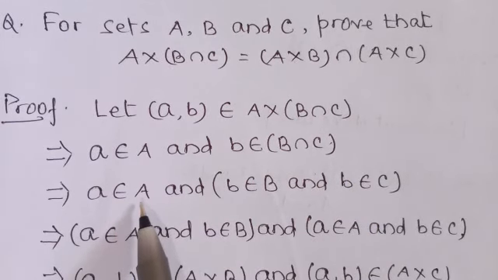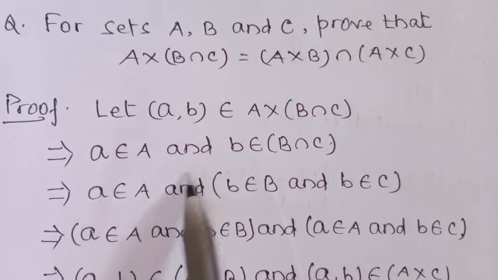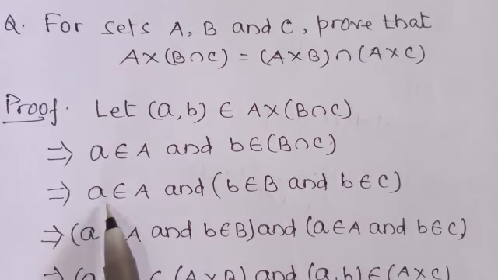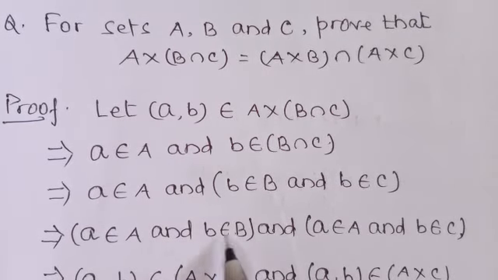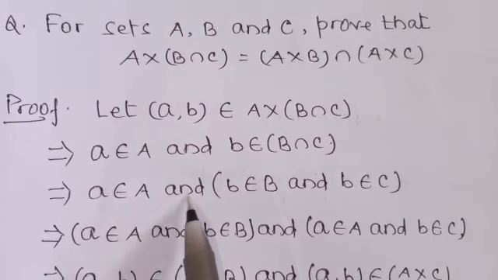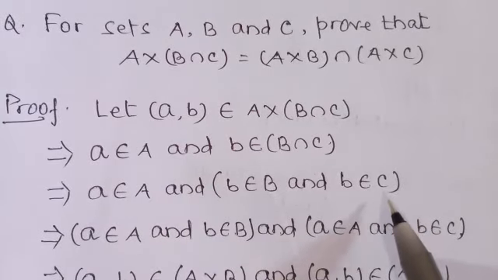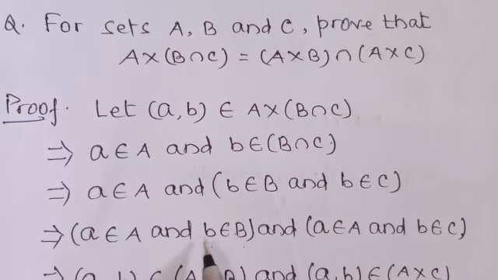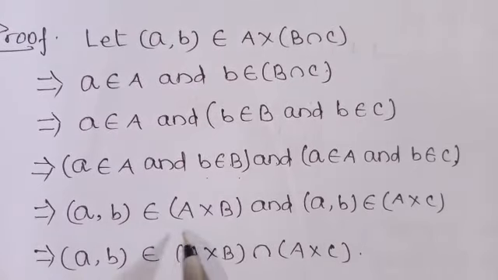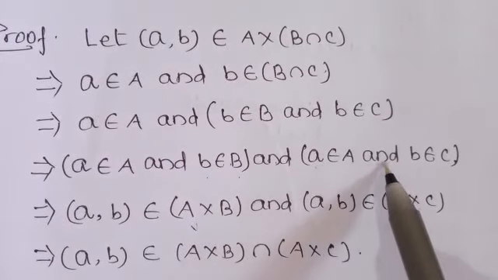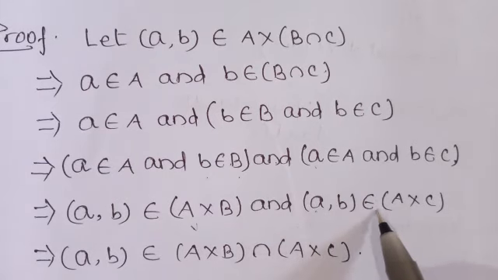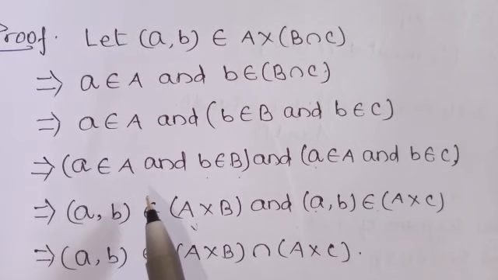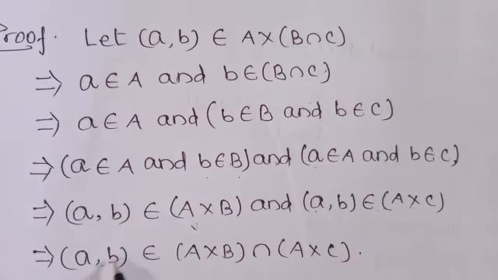Now using distributive law means distribute this element over B and C. So a belongs to A and b belongs to B, and a belongs to A and b belongs to C. This means a belongs to A and b belongs to B, means (a, b) belongs to A cross B, and also (a, b) belongs to A cross C. Thus (a, b) is a common element of A cross B and A cross C. So (a, b) belongs to (A cross B) intersection (A cross C).